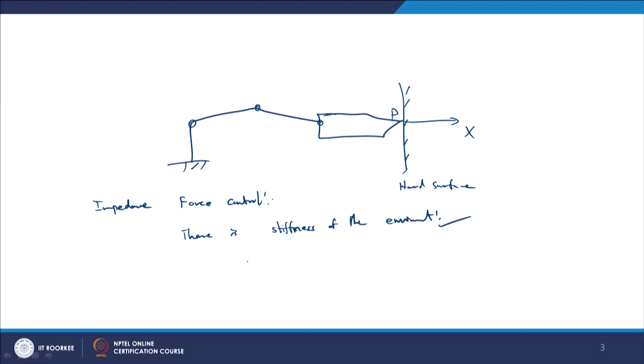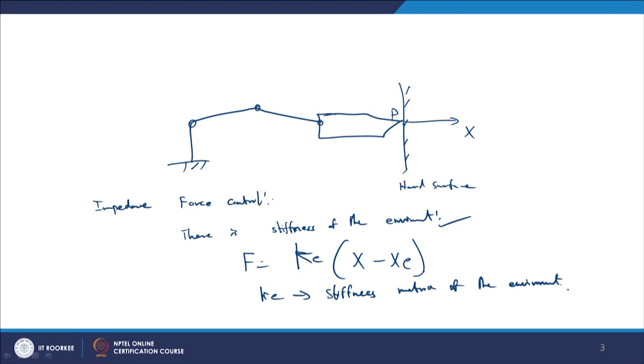So, here we can see that F equal to K E multiplied by x minus x e, which is the force acting on the surface by the tool, where K E is the stiffness matrix of the environment, and X E is the non deformable position of the environment.